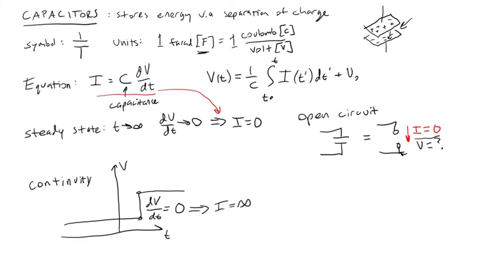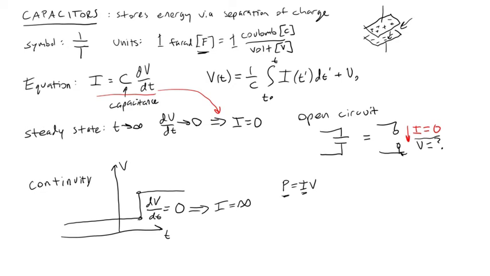So in terms of thinking of things that can physically happen, we've talked about how you can't get infinite current out of a battery or a practical power supply. You're not going to get infinite current into a capacitor somehow. You could also think about this in terms of energy. If P equals iv, then getting an instantaneous jump in voltage over a capacitor requires infinite current, which means it requires infinite power.